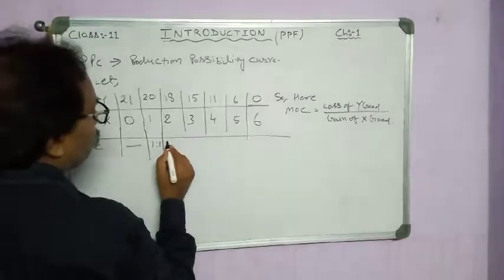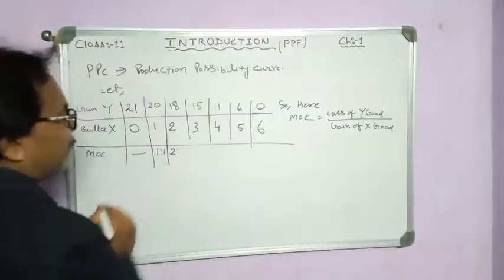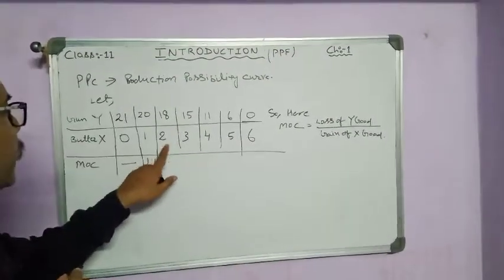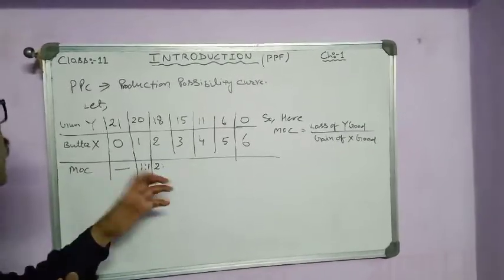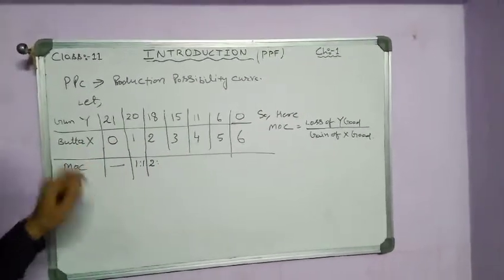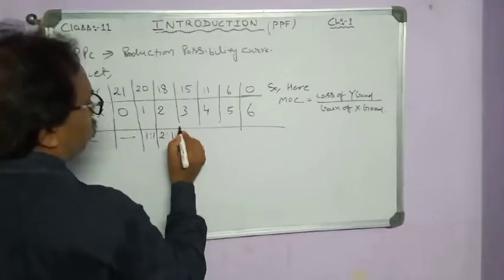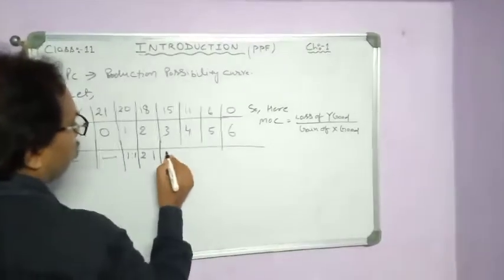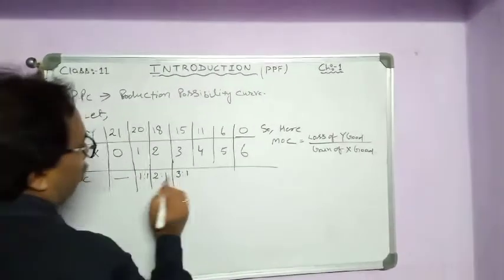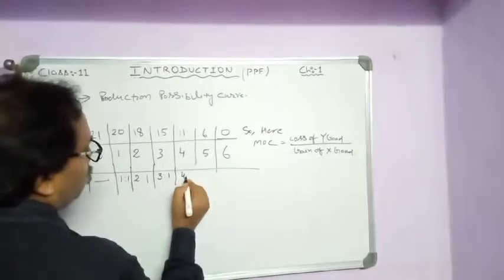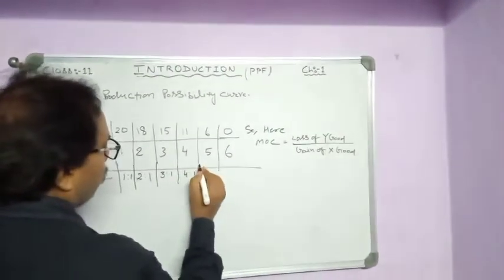Here 2 units of gun is sacrificed only to gain 1 extra or additional unit of butter. So 2:1. So here again 3:1. Again 4:1.